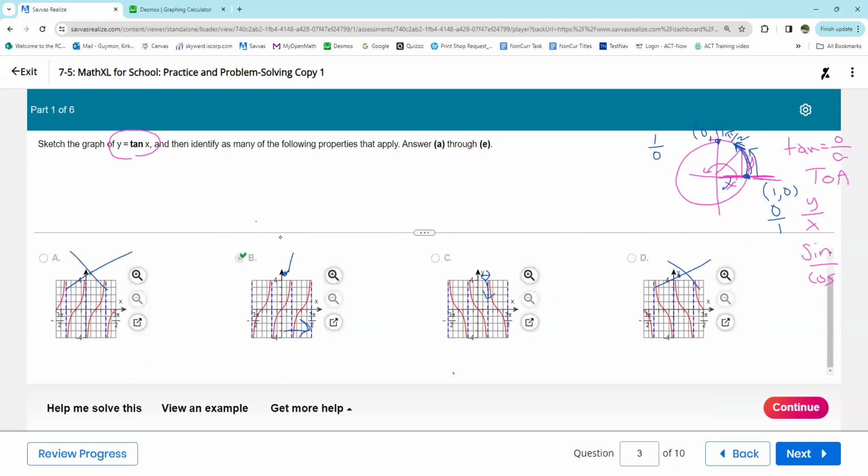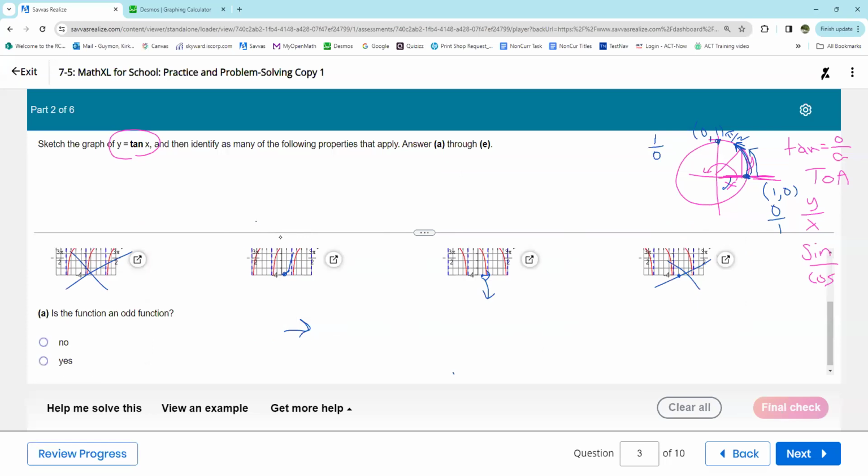All right, the next part of the question: is the function an odd function? Remember, for an odd function, f of x equals the opposite on the y if you do an f of negative x.